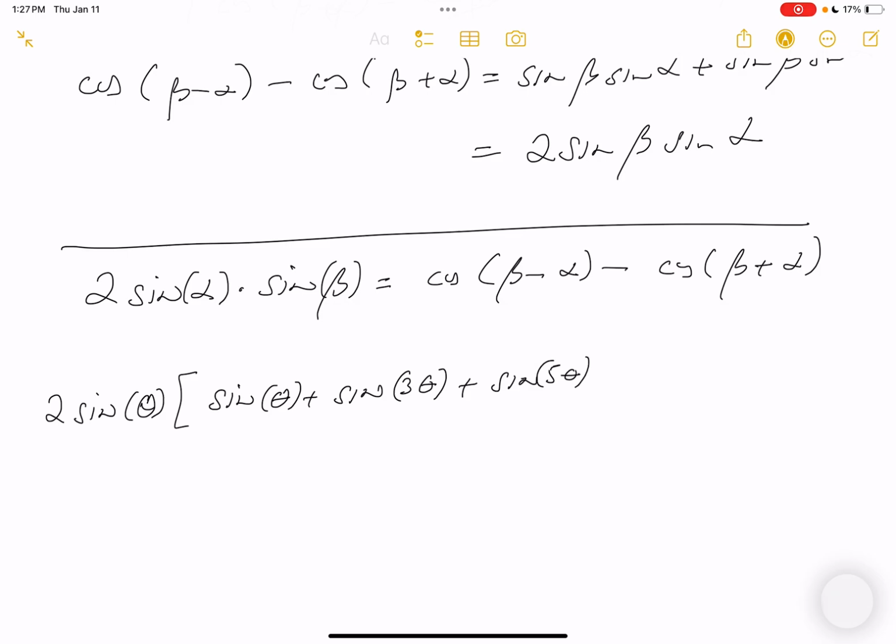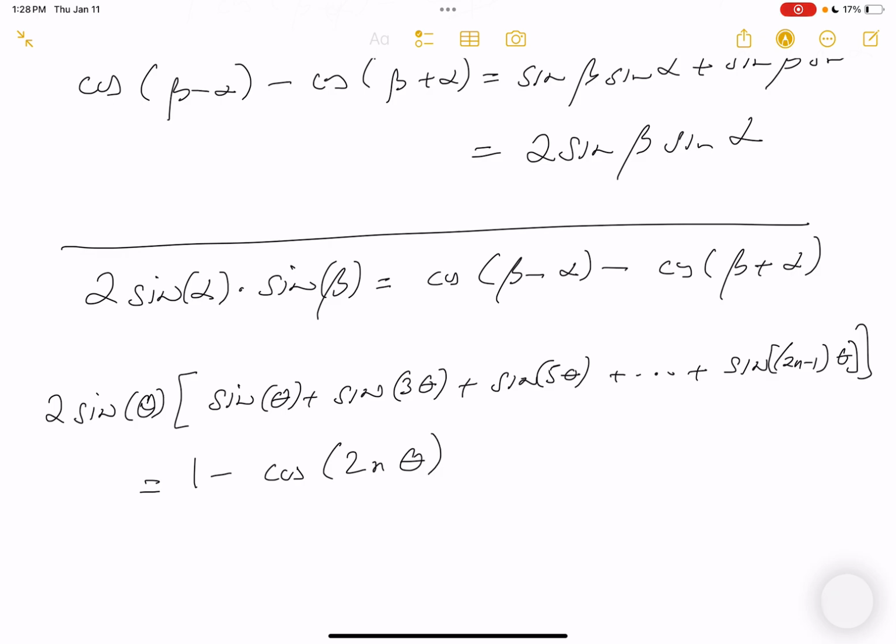I get the idea, 7 theta, 9 theta. It goes on all the way up to the sine of 2n minus 1, which is an odd number, by the way, times theta. And they say this is equal to 1 minus the cosine of 2n theta.